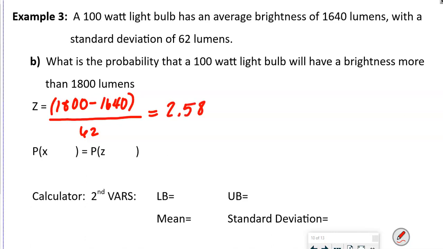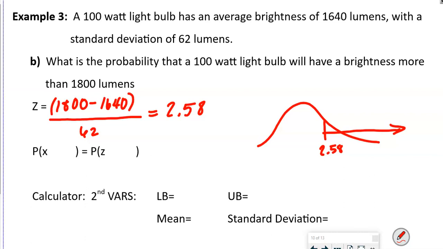Now, key here is that it says more than 1800 lumens. So when we think through this problem, we got a 2.58 over here, and we're going this direction. So again, we're going to talk lower bound, upper bound, because that's going to be key to us finding the answer to this problem.